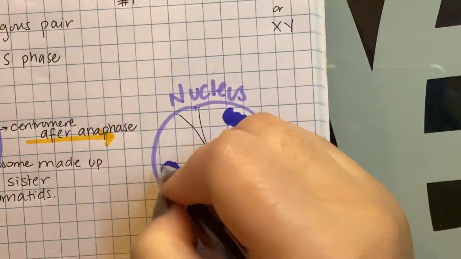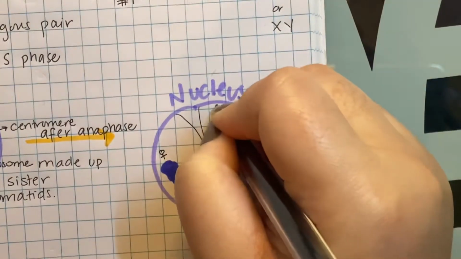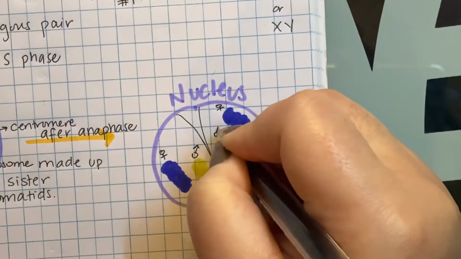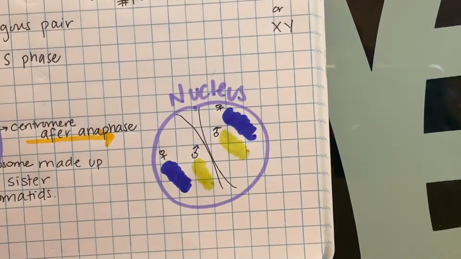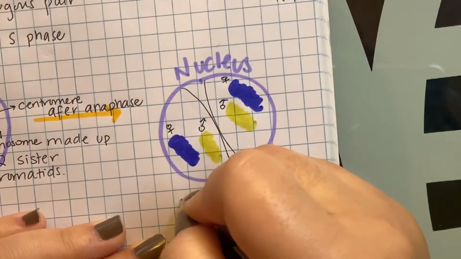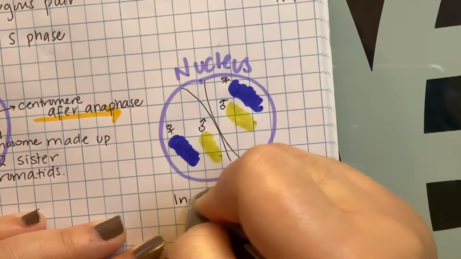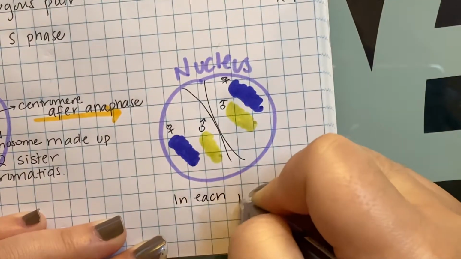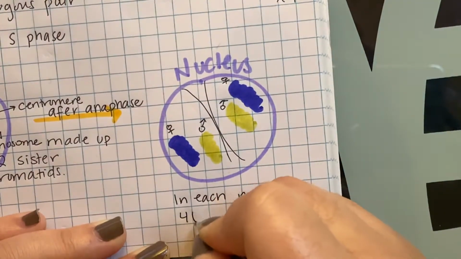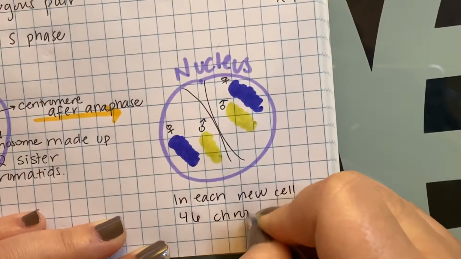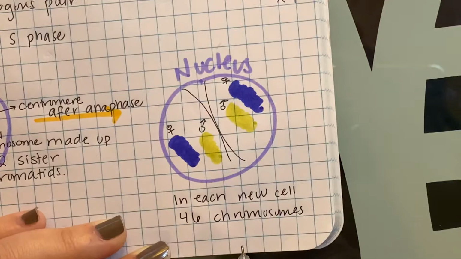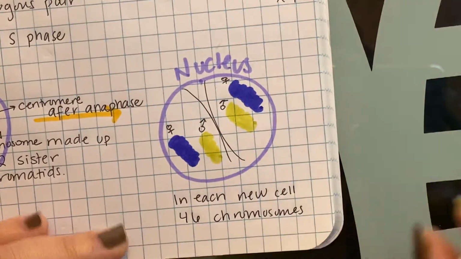Cool. So remember this one came from mother, mother, father, or father. Okay. So in each new cell, there will be 46 chromosomes. Okay, 23 from your mother, 23 from your father.